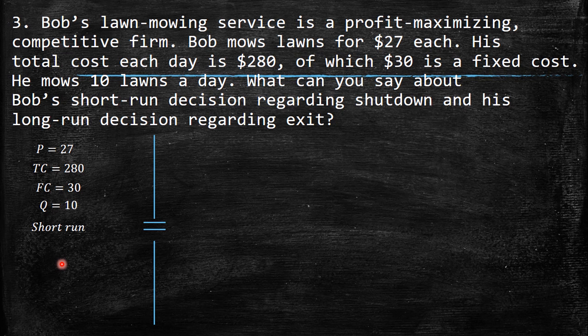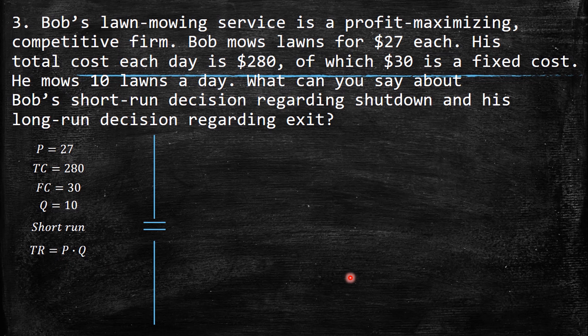In the long run, because there aren't fixed costs, it means that you need to cover completely your variable cost. And it means the same as covering the total cost as well, because variable costs are exactly the same as total costs in the long run. So that's the idea that we're going to work with for Bob's land mowing service.